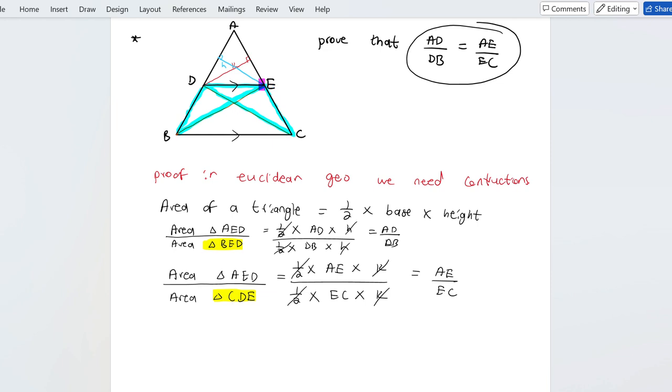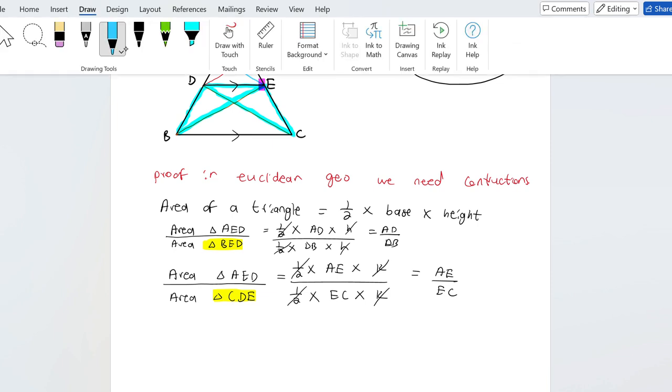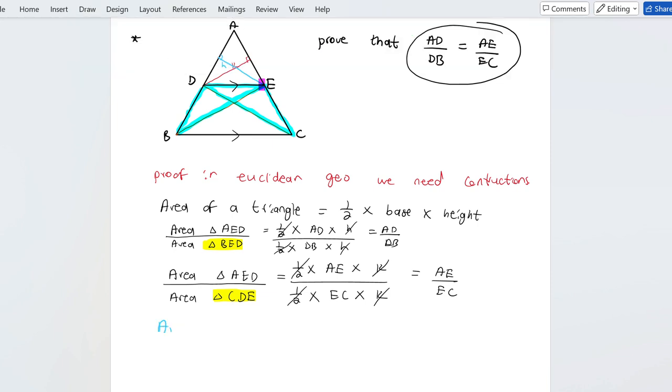So what can we say? We can say that the area of triangle BED is equal to the area of triangle CDE. The reason for that: same base, between parallel lines.